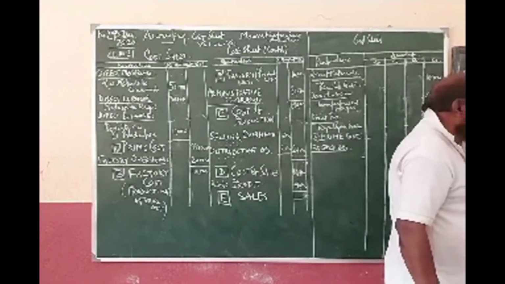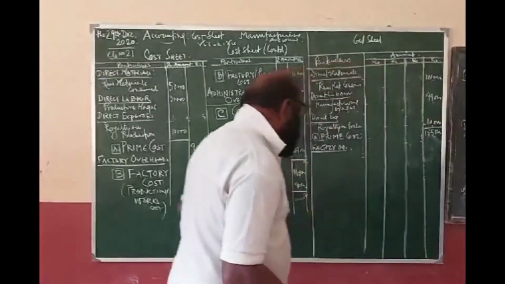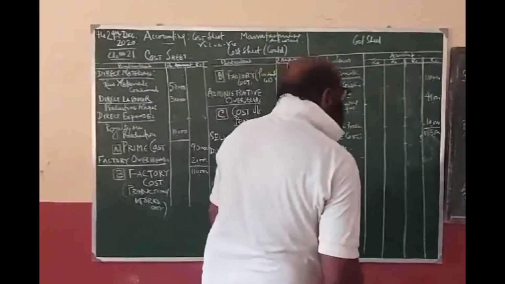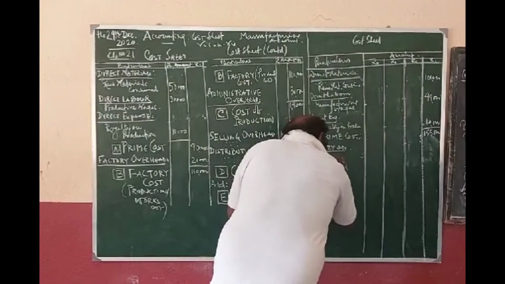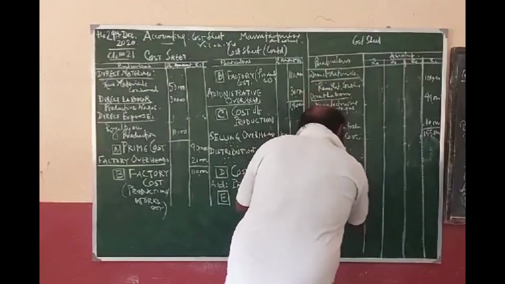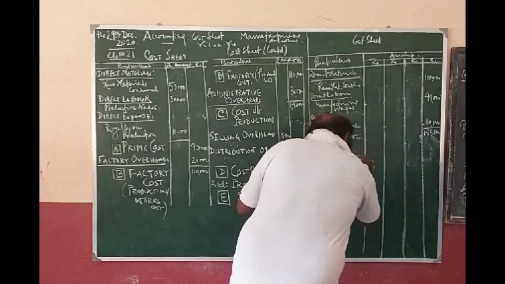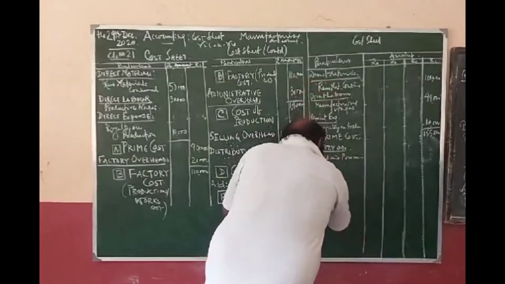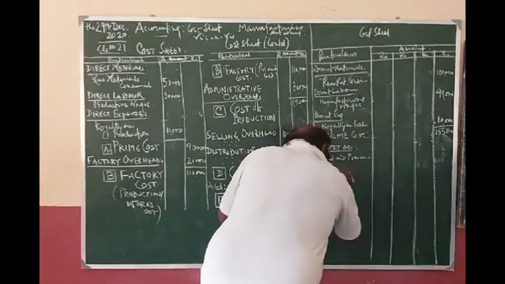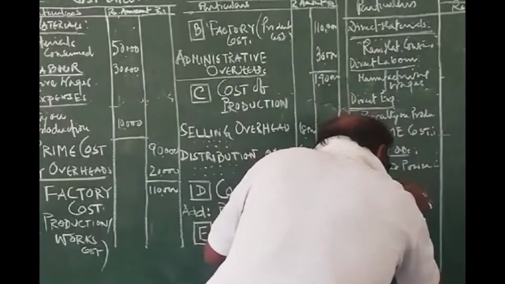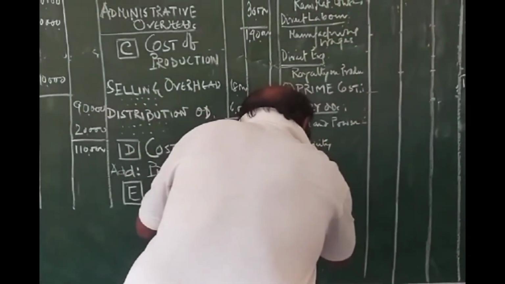These are the expenses which cannot be directly charged to the product. So they should come under this group. What are they? Fuel and power, rent, electricity, lighting and heating.